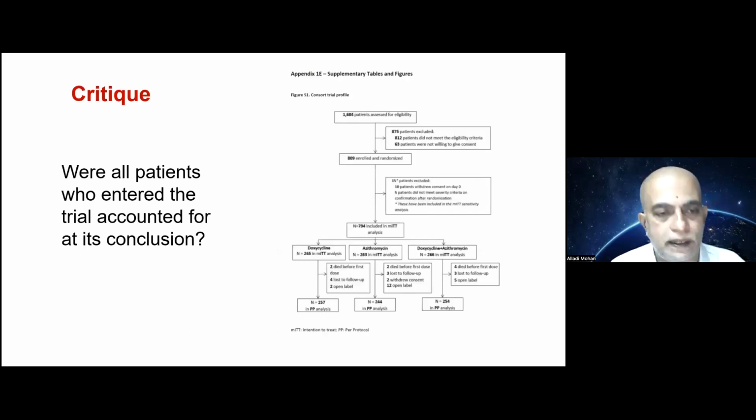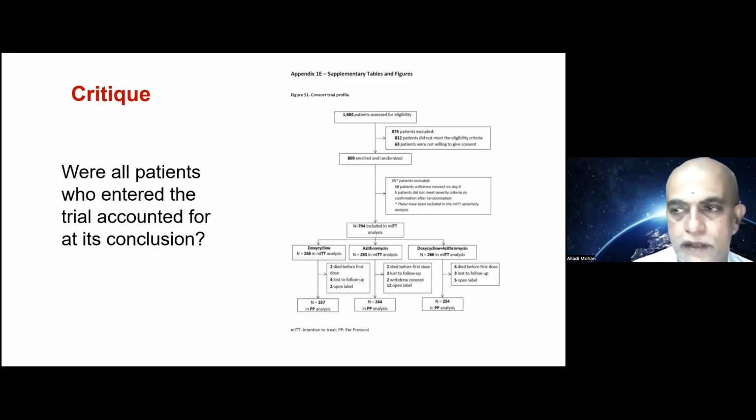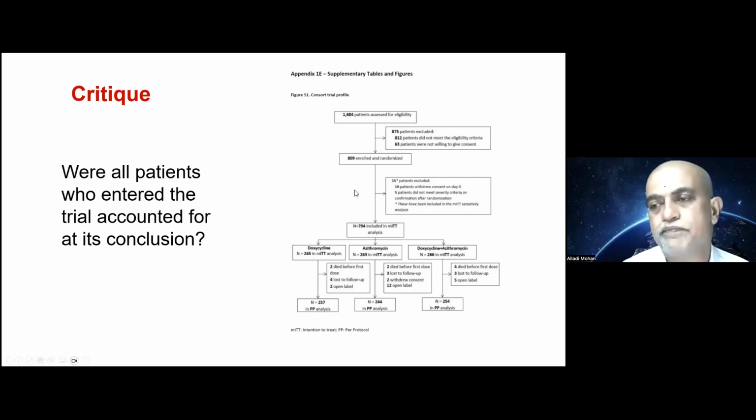So if you look at the first question, were all the patients who entered the trial accounted for at its conclusion, you have to see the CONSORT diagram of the trial. For the benefit of postgraduate students, the PDF of the study was widely made available on social media, but the published original article PDF does not have this figure.